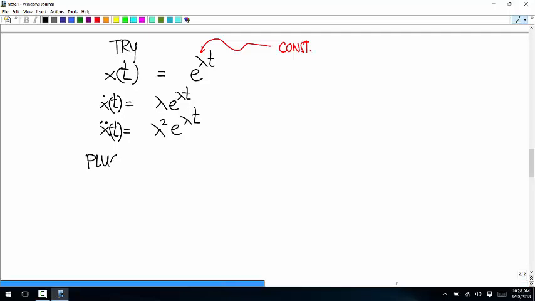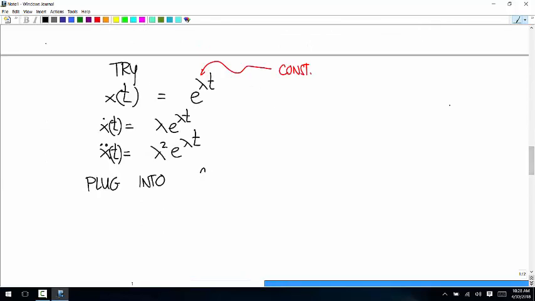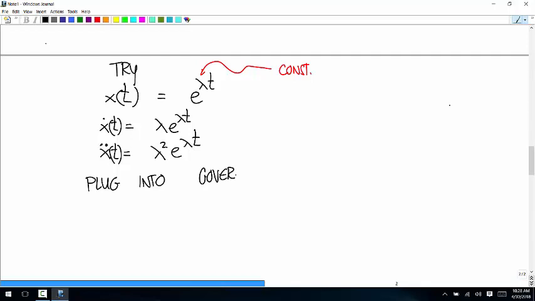Now we're going to plug it into the governing ordinary differential equation.